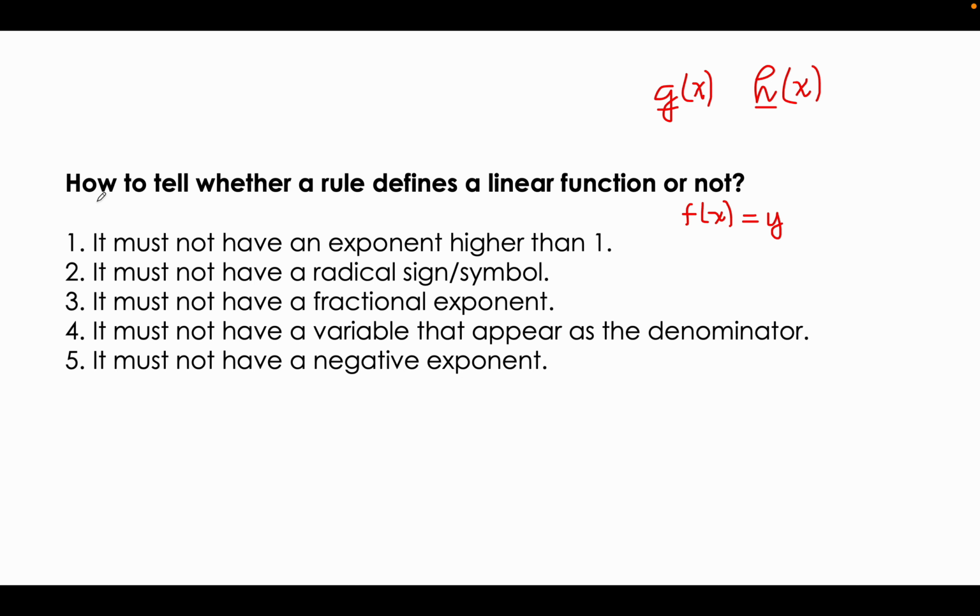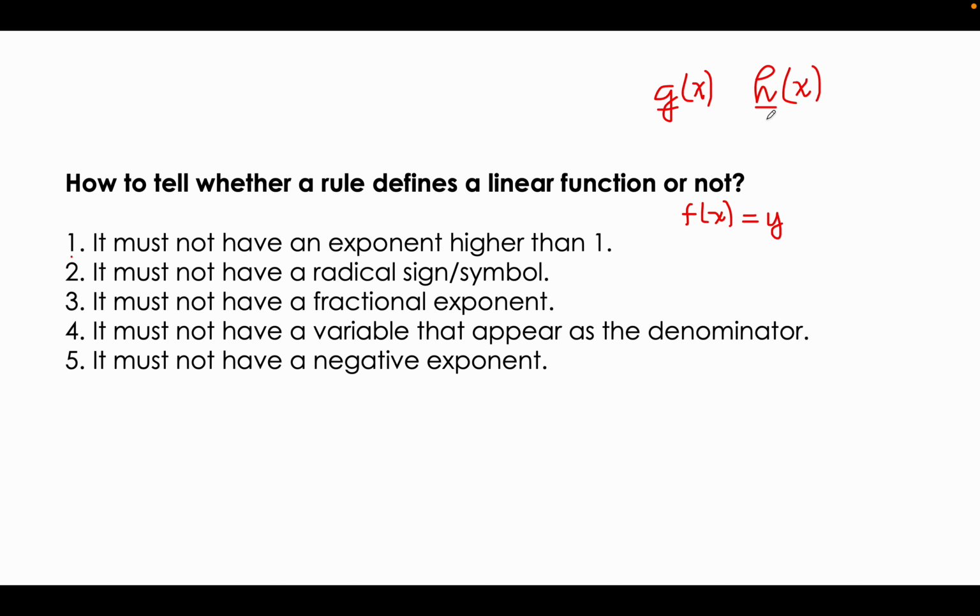So going back, the question is how to tell whether a given rule defines a linear function or not. And the first condition that we have to meet, it must not have an exponent higher than 1. Okay? So the variable there, particularly the x, must not have an exponent higher than 1.